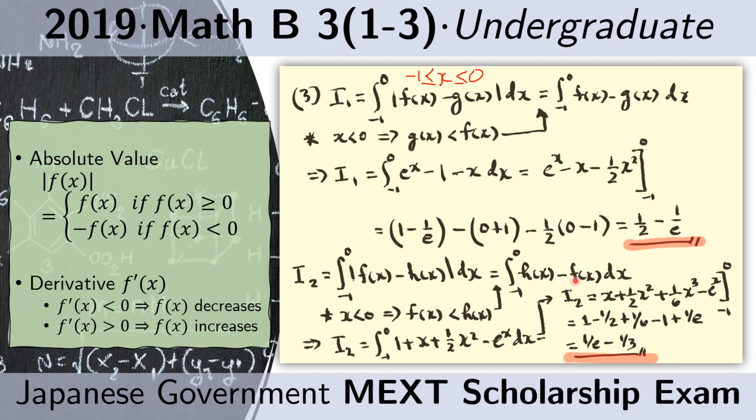And so we have h minus f this time. And if we just substitute the h and the f's there, this is what we obtain. And finally, when we do the integral, we get this. We just substitute the limits of integration, 0 and -1. And finally, we just simplify that, and this is what we obtain.